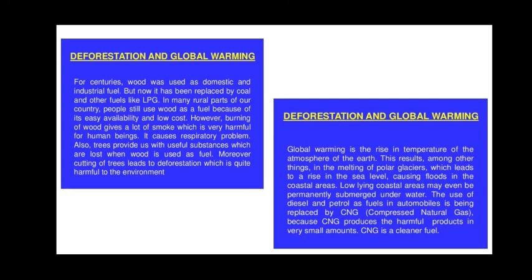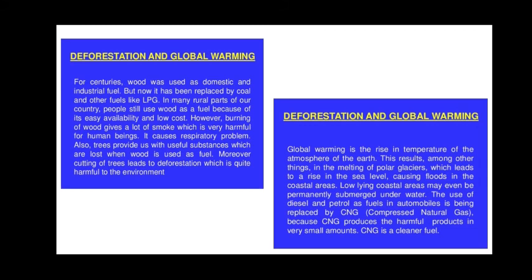Global warming is the rise in the temperature of the atmosphere. As a result, polar glaciers are melting and sea levels are rising. Low-lying coastal areas are being permanently submerged, so land area is becoming less and water area more.